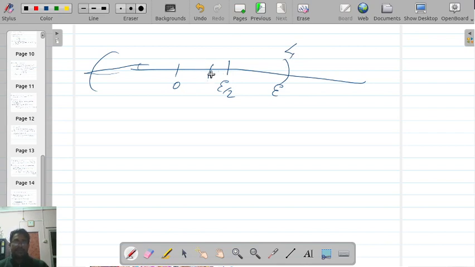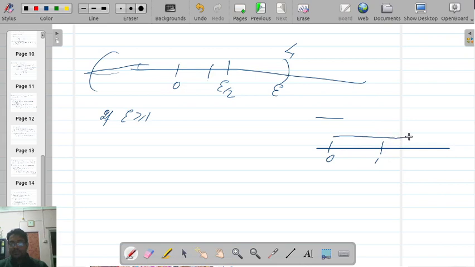Okay, so we have to think a little bit. What happens if epsilon is greater than or equal to 1? If epsilon is greater than or equal to 1, then there is a problem. Otherwise there is no problem. This is 0, this is 1. If I take some epsilon which is greater than or equal to 1, in that case I need to find some elements inside the set 0 1.